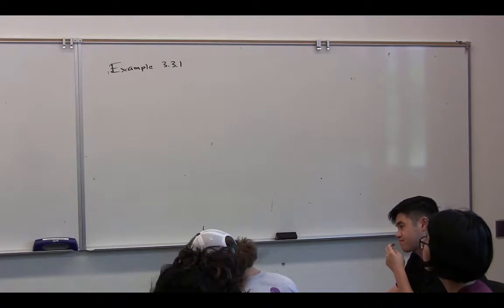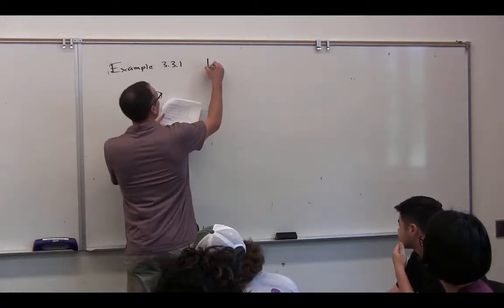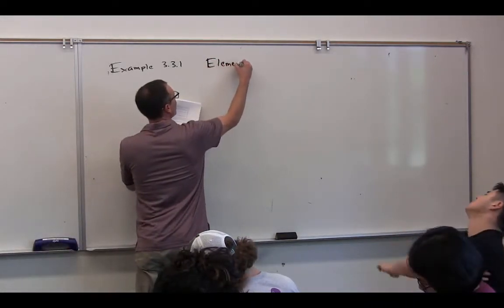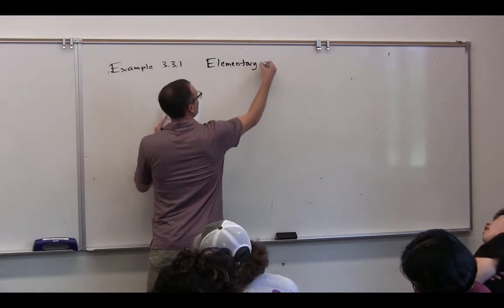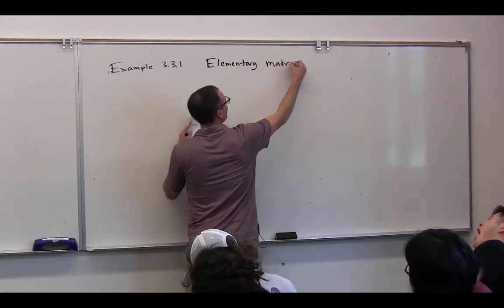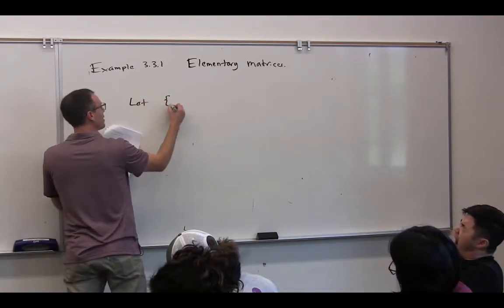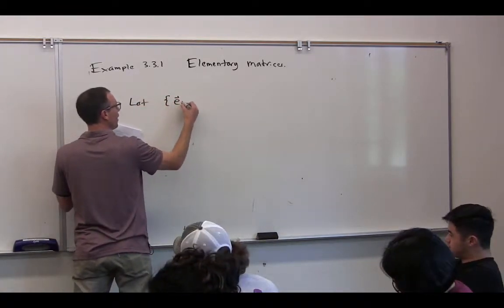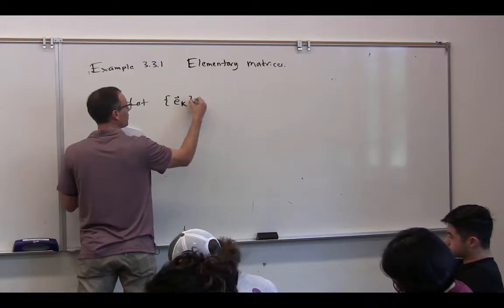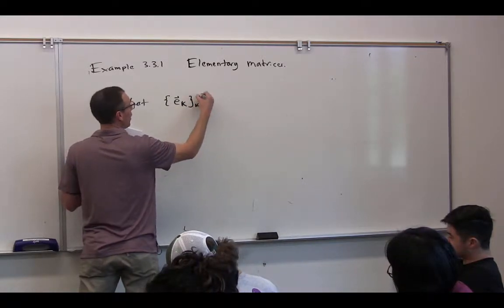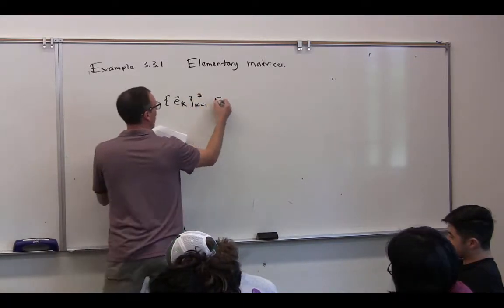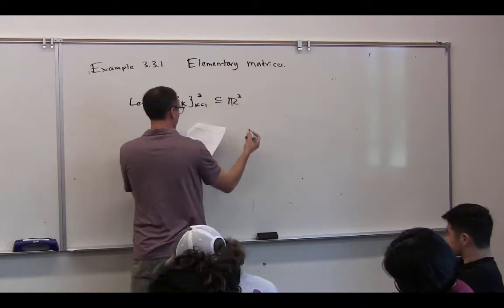We're going to call these the elementary matrices. So let the set E sub k, k goes from 1 to 3, be a subset of R3.